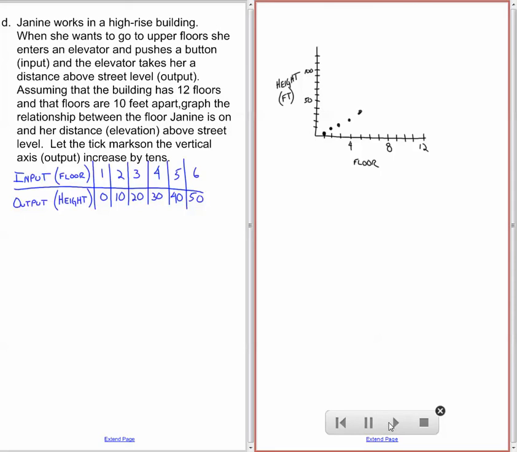Floor 6 is at 50 feet. 7 is at 60 feet. 8 is at 70 feet. 9 is at 80 feet. 10 is at 90 feet. 11 is at 100 feet. And 12 is at 110 feet. It's a lot easier with grid paper, but I'm just showing that it can be done without it. And there we go. We've graphed it all.